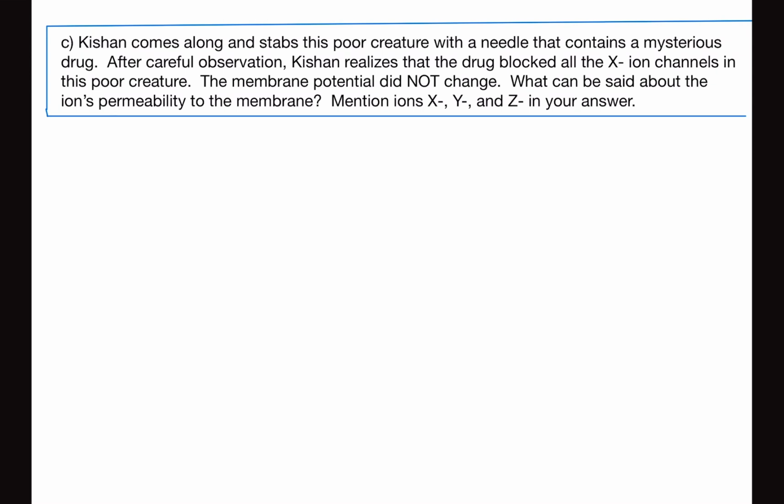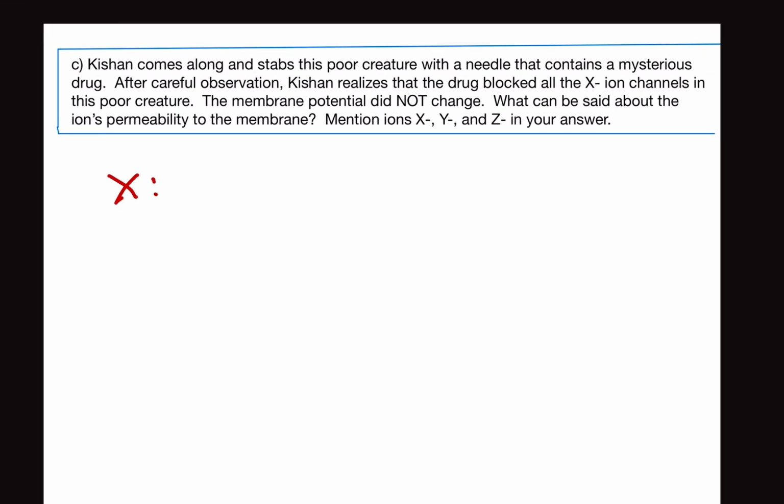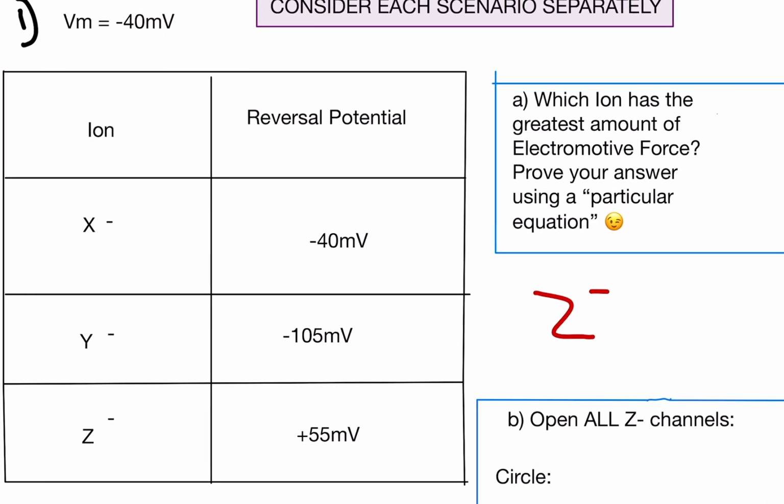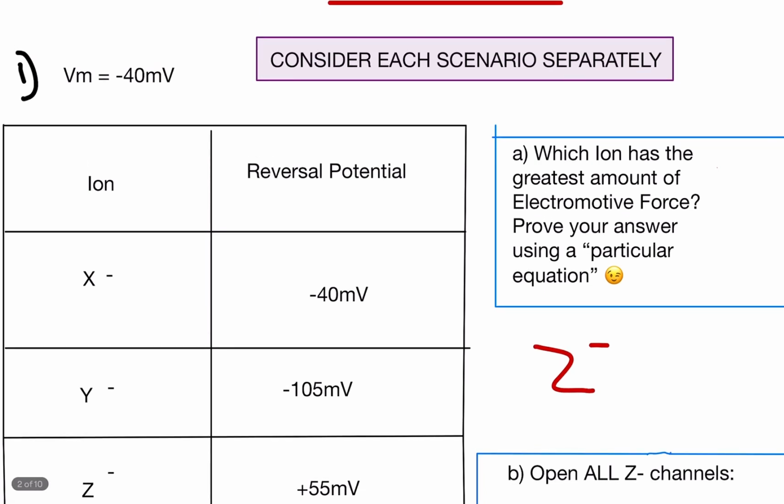Okay. We said that we blocked all the X ion channels and the membrane did not change. So let's talk about X first. If the membrane permeability did not change, well, first, let's see what it is. We have negative 40 as the reversal potential for X, and the resting membrane potential is negative 40.